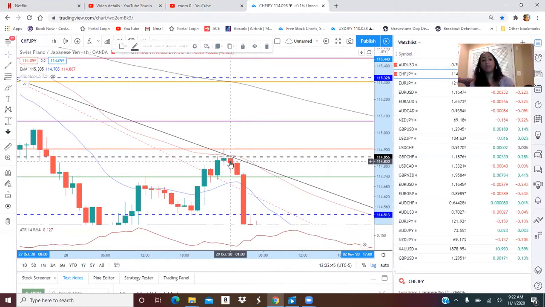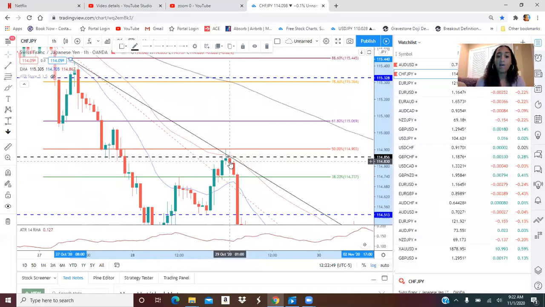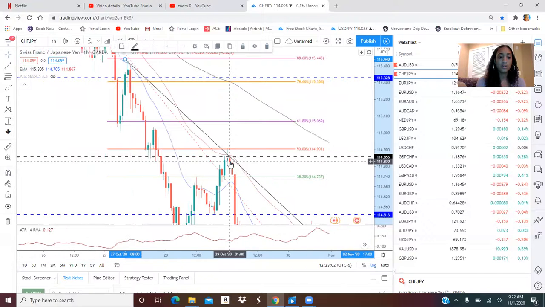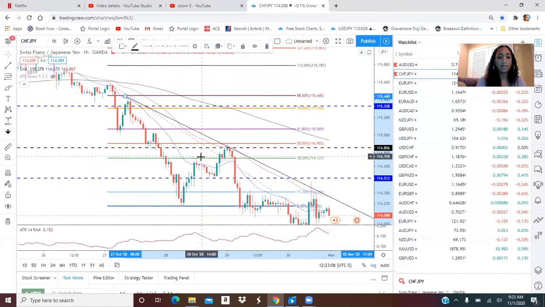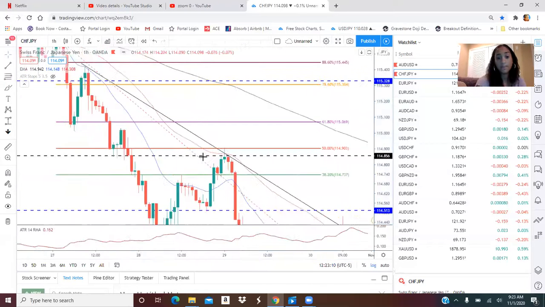So that's pretty much indicating that there is going to be a rejection, and it's off of the 50 EMA. Or I'm sorry, it's off of the 20 EMA, and it's off of the 50%, the golden zone on the Fibonacci. It is a downtrend. And as you can see, bears are pretty much in control. And it's just an obvious sell.